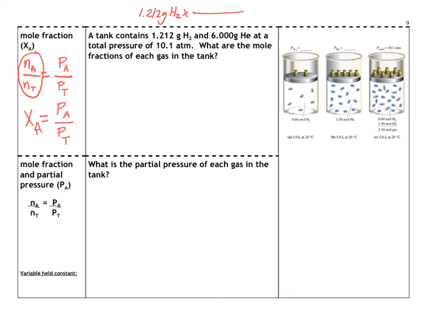And what are the mole fractions of each of the gases? I'm going to need to first calculate the mole fraction of each of the gases by converting the grams of each of the gases into moles. So 1 mole of hydrogen has 2.02 grams of hydrogen.